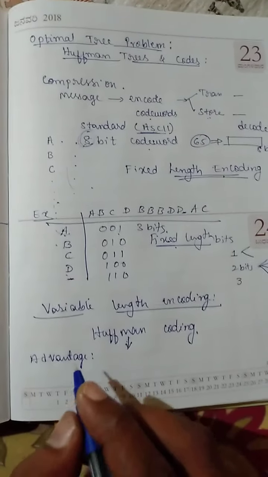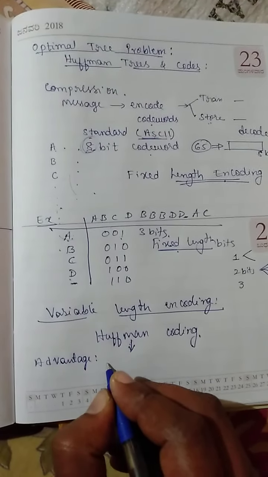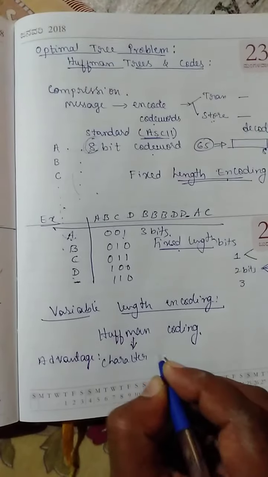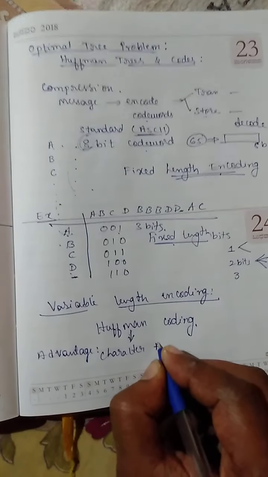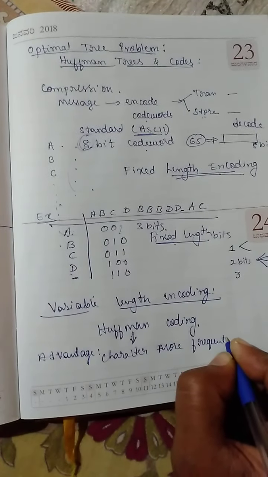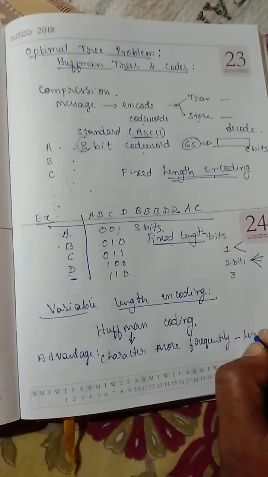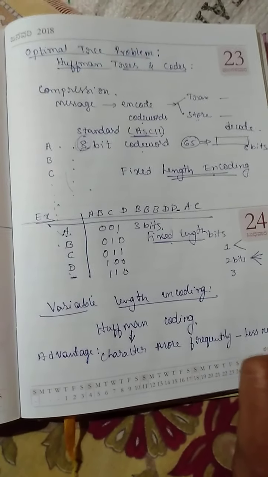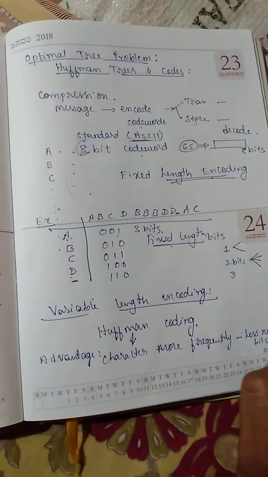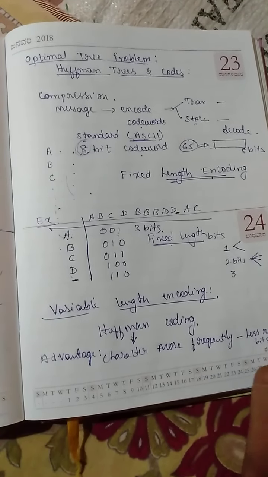If a character is repeating more frequently, then make use of a smaller number of bits to encode or represent it.